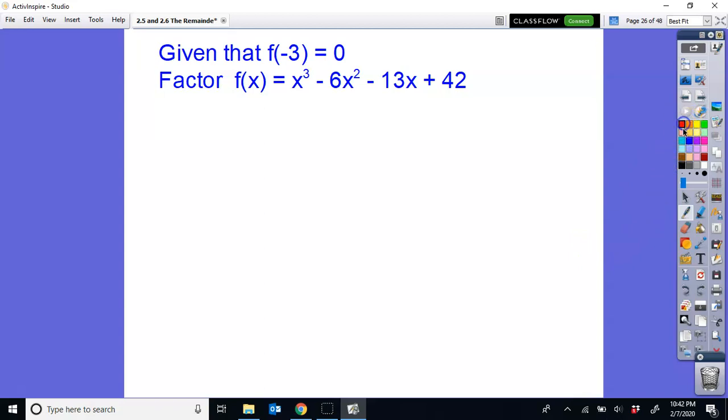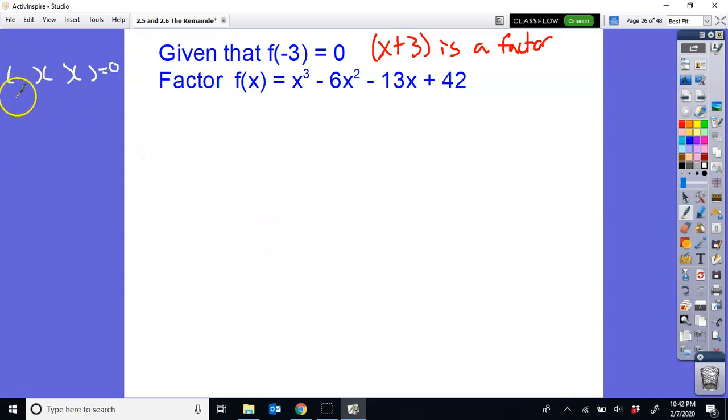Think about it. So what does it tell me? If negative 3 makes it 0, that means x plus 3 is a factor. Now guys, let's talk about real quick how I know that. Remember when we were setting up our little factors and we set them equal to 0?